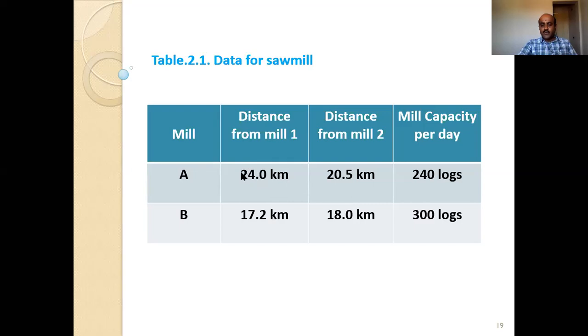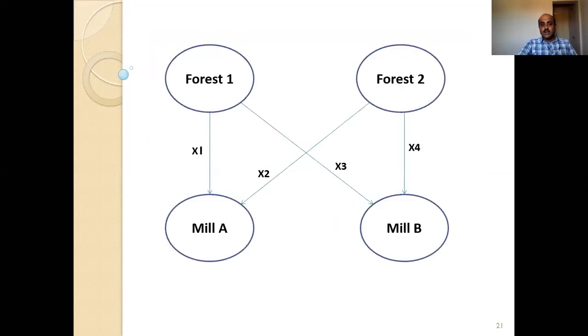So 24 into 10. What is 10? It is the cost incurred for transporting over 1 kilometer per log. So 24 into 10 into the number of logs. The number of logs shipped from forest 1 to mill A is x1.